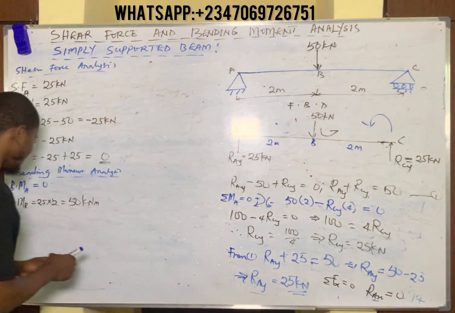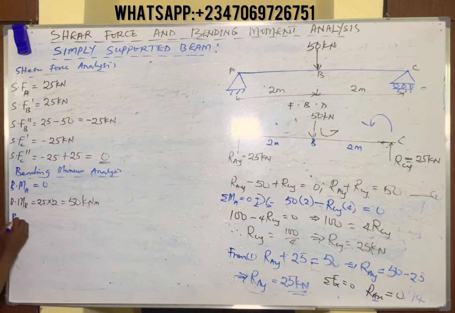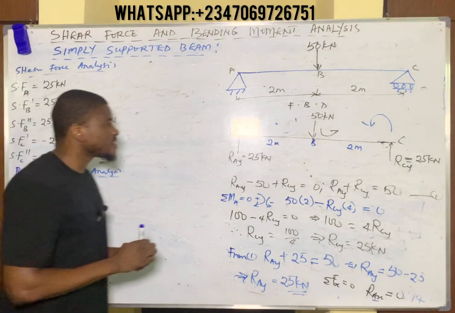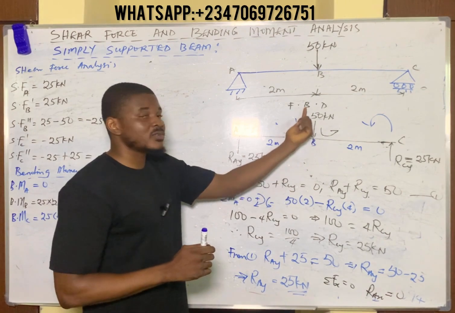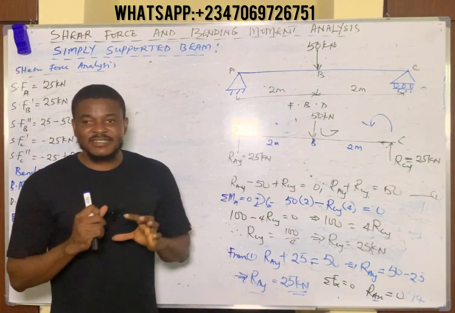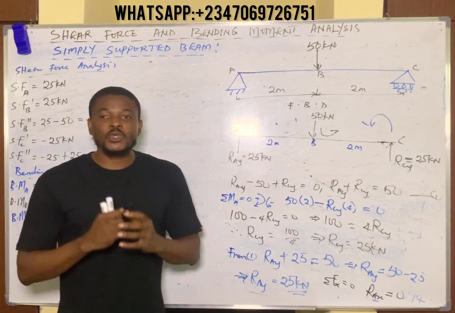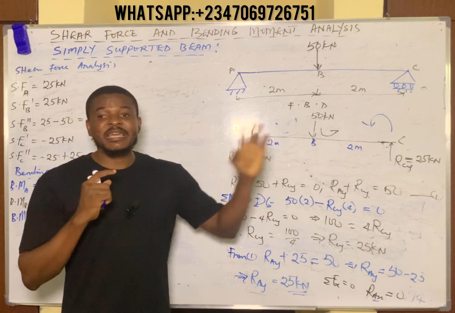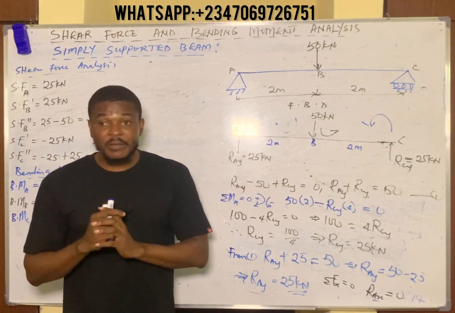Okay, so you simply have bending moment at point C becomes first 25 times 4. Next, since this force at point B, the 50 kilonewtons force, is acting downwards, like I said, if a force is acting downwards and you're doing bending moment analysis, the moment of that force about any point you're taking moment becomes negative, please.